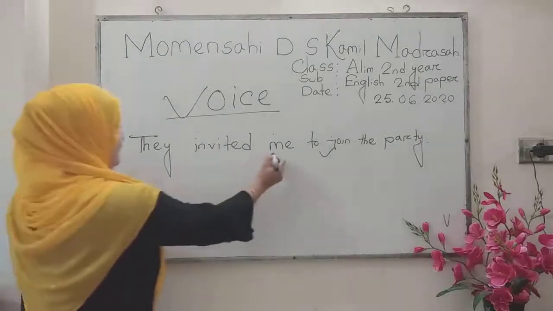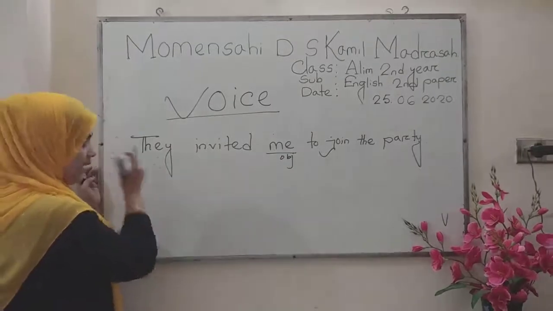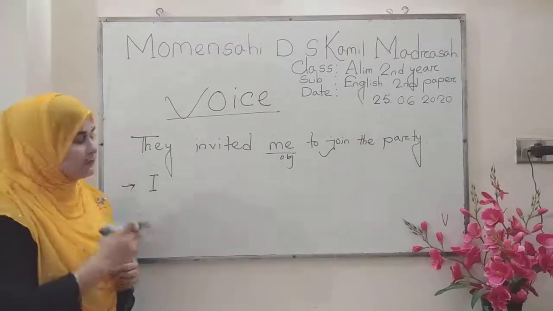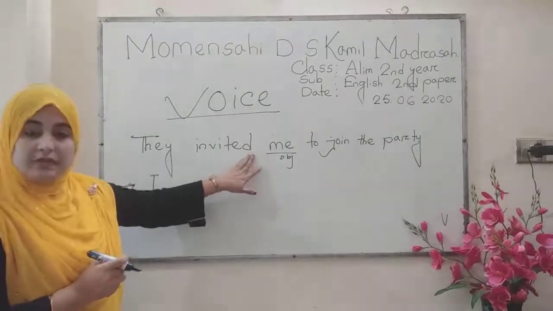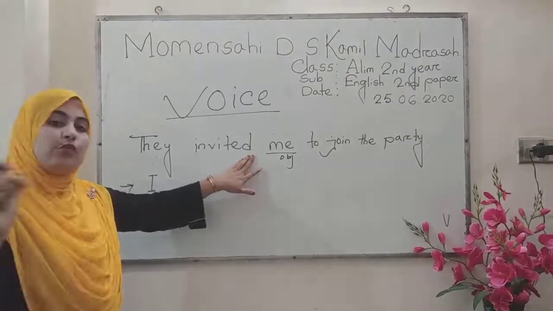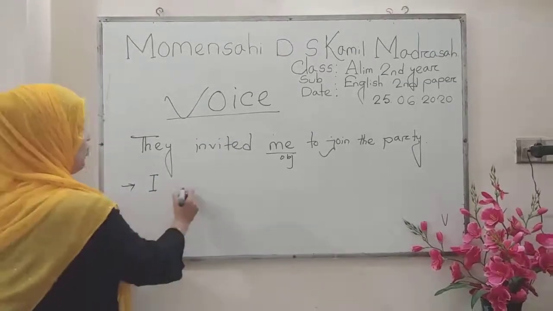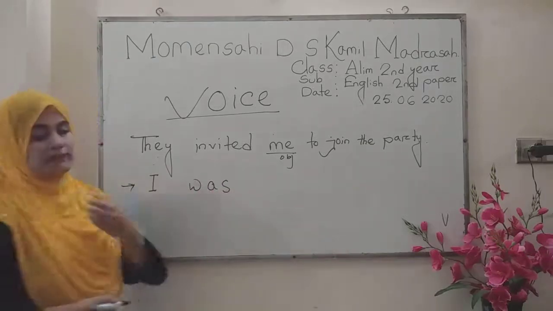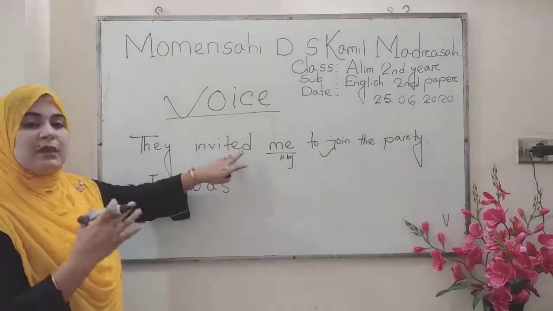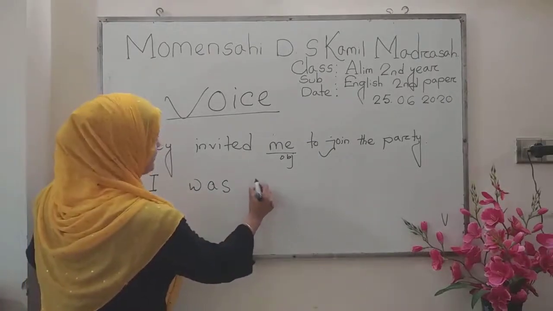Look, it is the object. You are clear? Now I can turn it into subjective form, that is I. Now, as it is past indefinite, the auxiliary was or were you have to use over there, that is was. I was. And also notice that already it is past participle form, so no need to change.